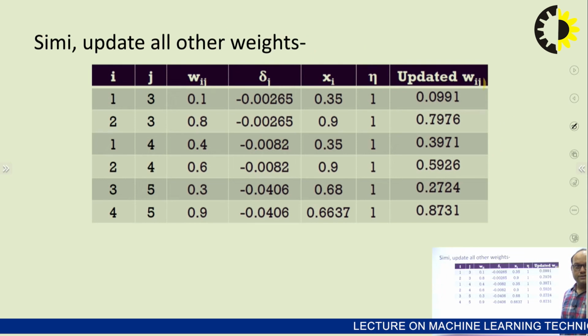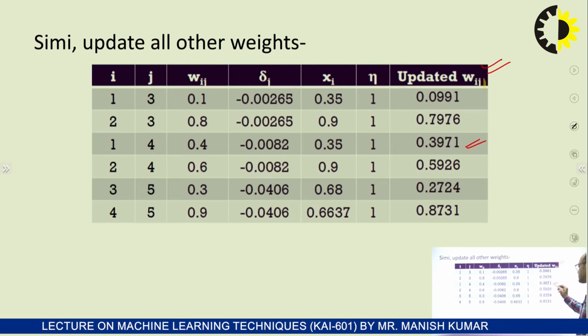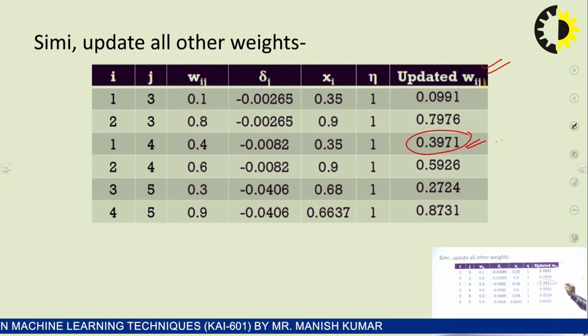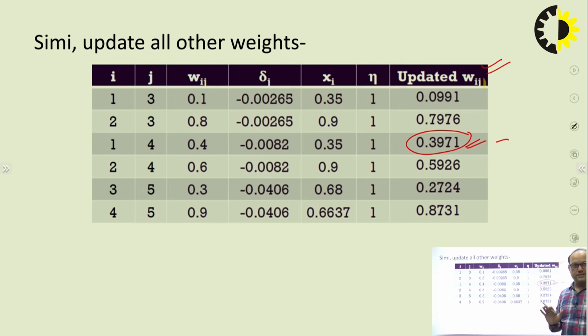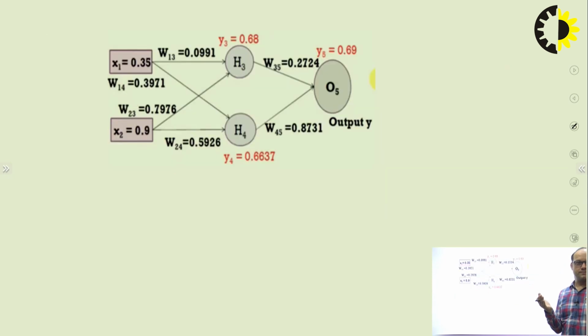So I have just shown you this via an example. You will keep on calculating. See here, this is the illustration I have shown you. In the same manner you can update the value of Wij. Now if we are satisfied then it's okay. Otherwise we will do the forward pass again.